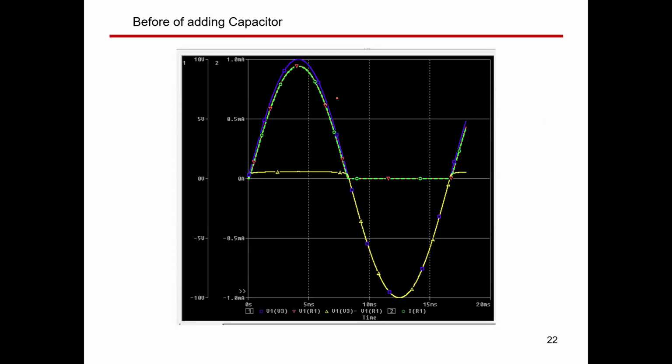So what you can see here is we have the supply volt, this purple waveform, and then we have the green one here representing the output volt. So this is the output, the green one. This is the supply. Sorry, it seems like the current is the green one.